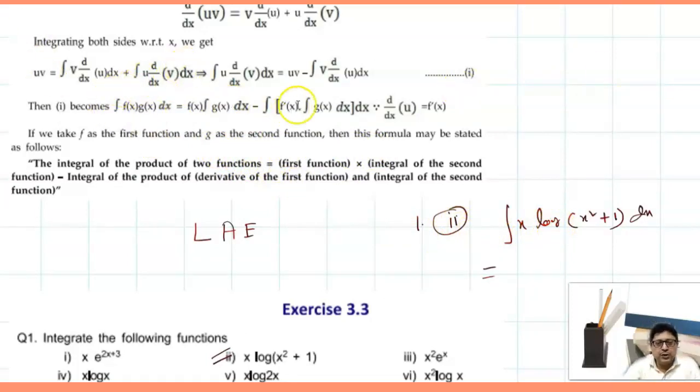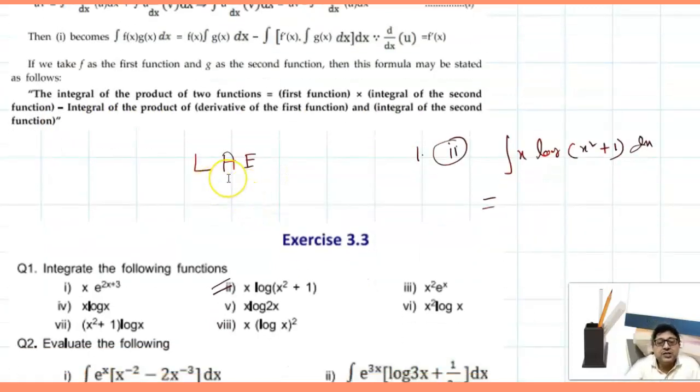So this rule LAE will help you understand which one is to be taken as the first function and which one as the second function. The rule: the integral of a product of two is first into the integral of second minus the integral of the product of the derivative of first and the integration of second. Let me explain this LAE rule. This one is a logarithmic function. This one is an algebraic function.